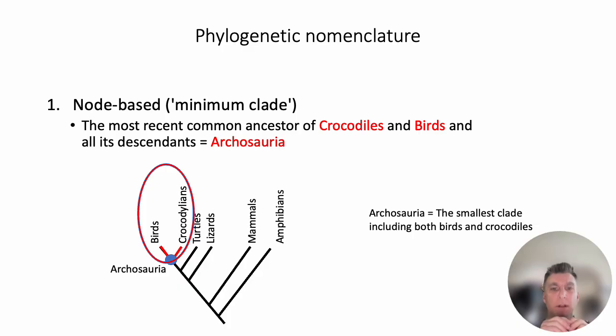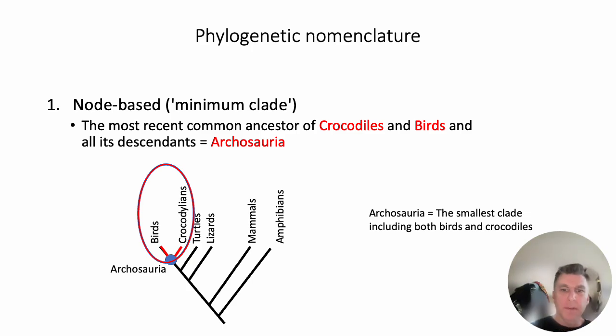Then you add on that and all its descendants. So you're taking that point and you're saying everything that evolved from that, right? And that allows, not only for including all of the crocodilians and the birds and the other dinosaurs as well, but anything that gets described in the future as a crocodile or a bird is a member of Archosauria, not because it has feathers like a bird, but because it's a relative of birds.